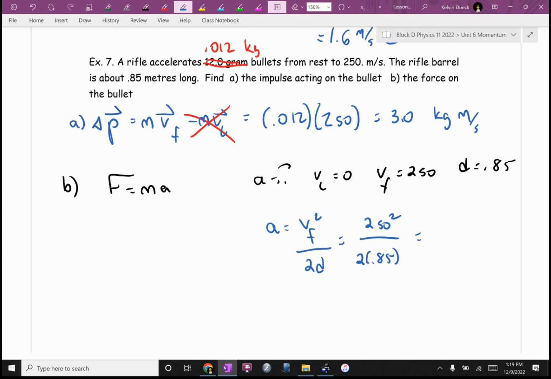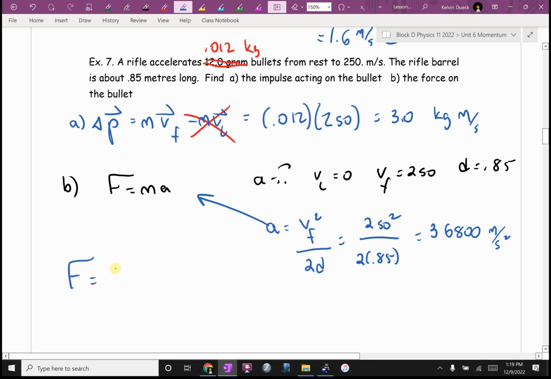6,000. Is that right? That's right. 36,765.3. You know what? I'm going to write 36,800, because this isn't what they wanted me to find. I'm putting my answer box right there. F equals, what was M? This is your cue.